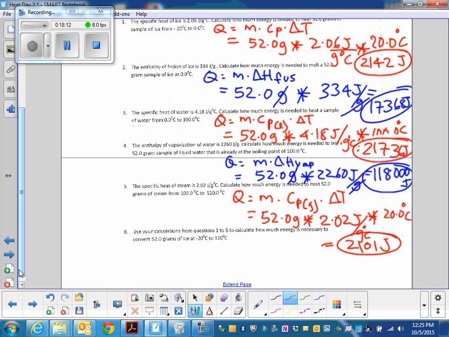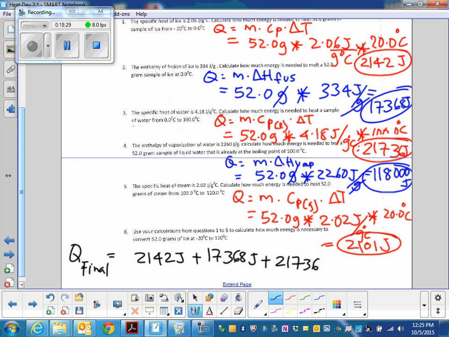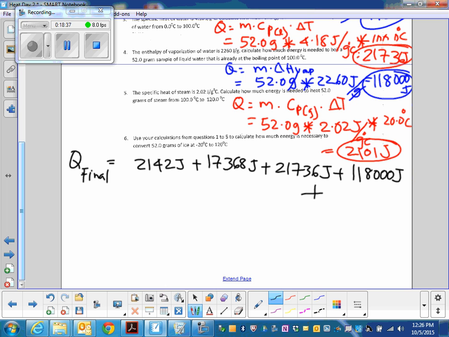So I have my Q final equals 2142 joules plus 17,368 joules plus 21,736 joules plus 118,000 joules plus 2101 joules. What do you get?